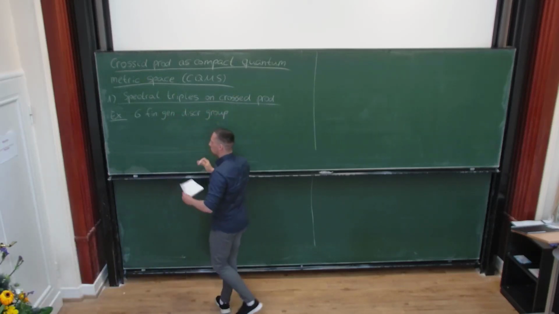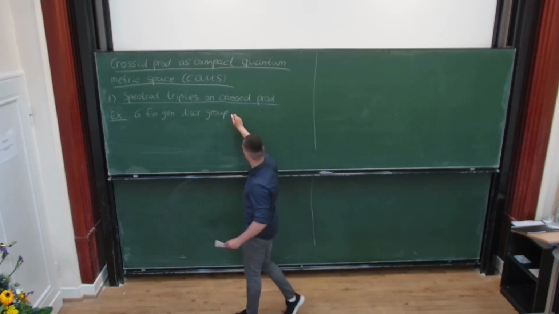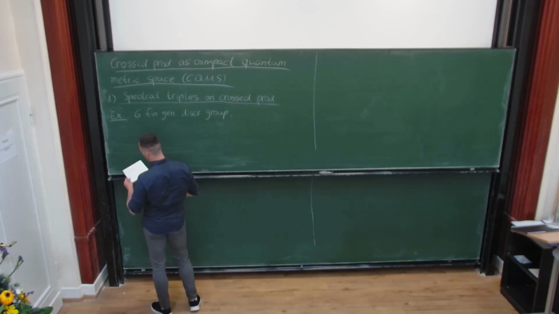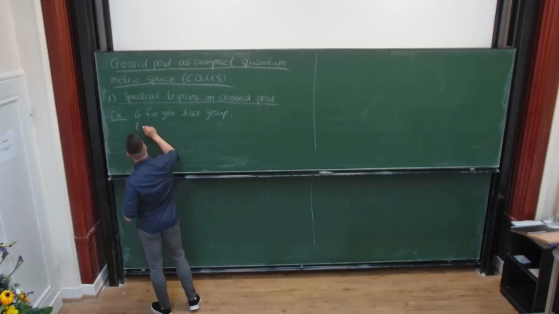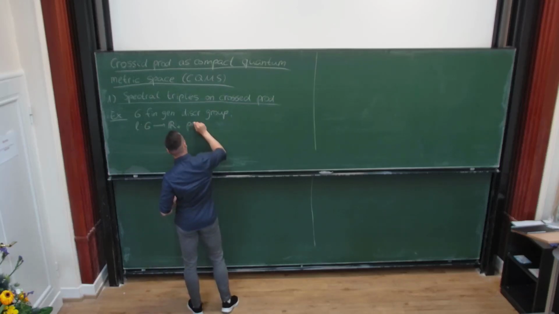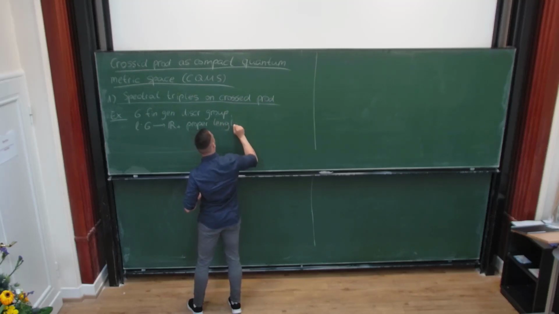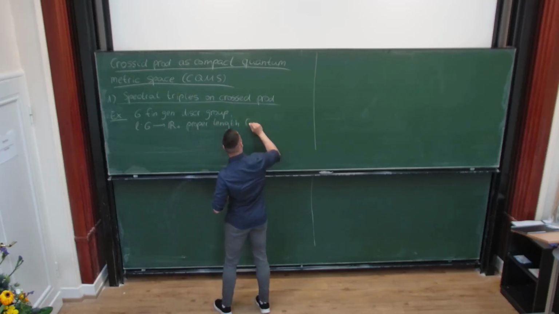All groups in this talk will be finitely generated and discrete. And on this group, I would like to consider a proper length function L, from the group to the positive real numbers.